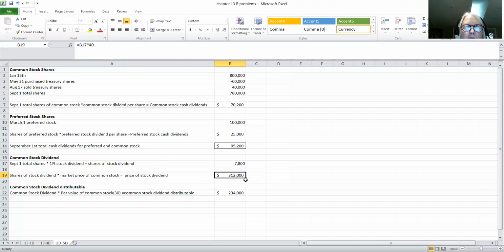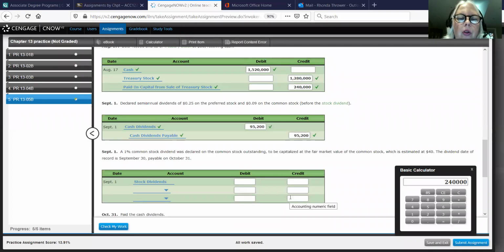That's the amount that goes into Cengage. So again, I'm going to stop sharing the Excel spreadsheet with you, and I'm going to go back to Cengage, and we're going to put in the amount of the stock dividend, and the amount of the stock dividend was $312,000.